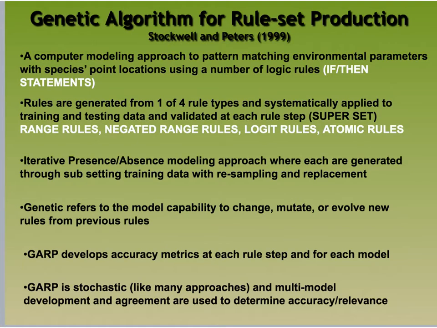It's going to iteratively resample and replace presence and absence in the background and try and find the best combination of rules that predict presence and absence. And it's a genetic algorithm because it has the capacity to change, mutate, or evolve rules from previous rules.